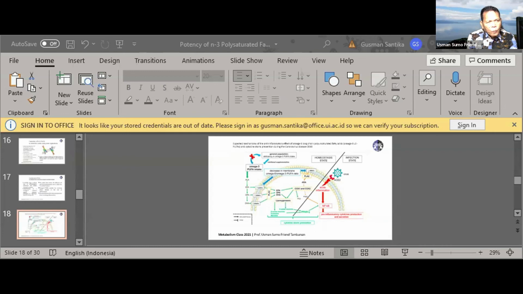Okay, Prof. The one thing that I noticed is that you should have a complete diagram of this COVID mechanism.